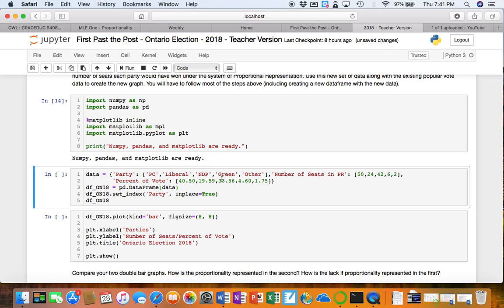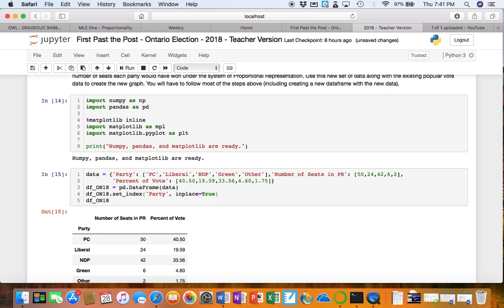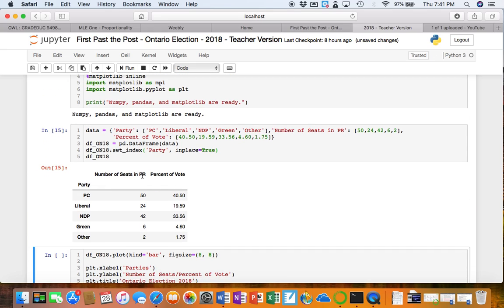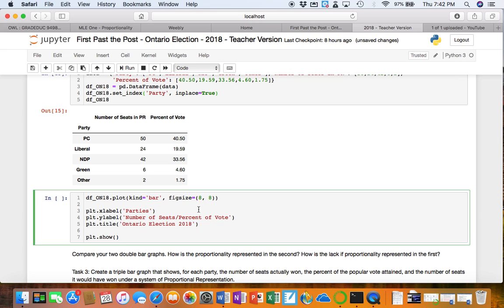In this case, we're creating a new data frame. Now this data frame, number of seats in PR, has the number of seats that the parties would have won if the percentage of the vote was the same as the percentage of seats they won. Okay? Now let's take a look at the graph that creates.